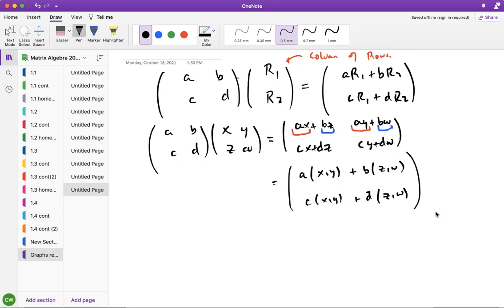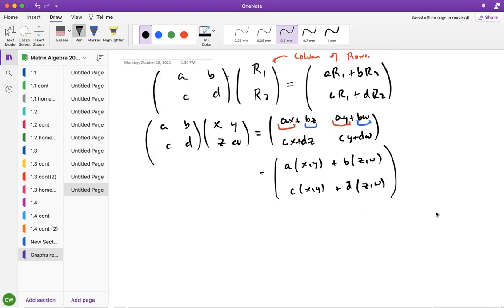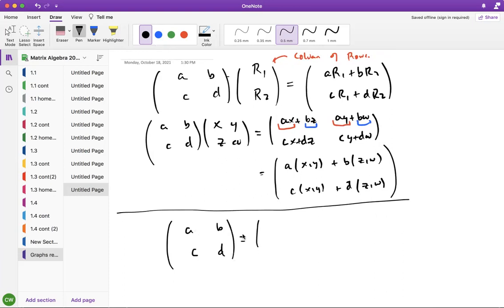But another thing is try to come up with A, B, C, D that do the row operations.